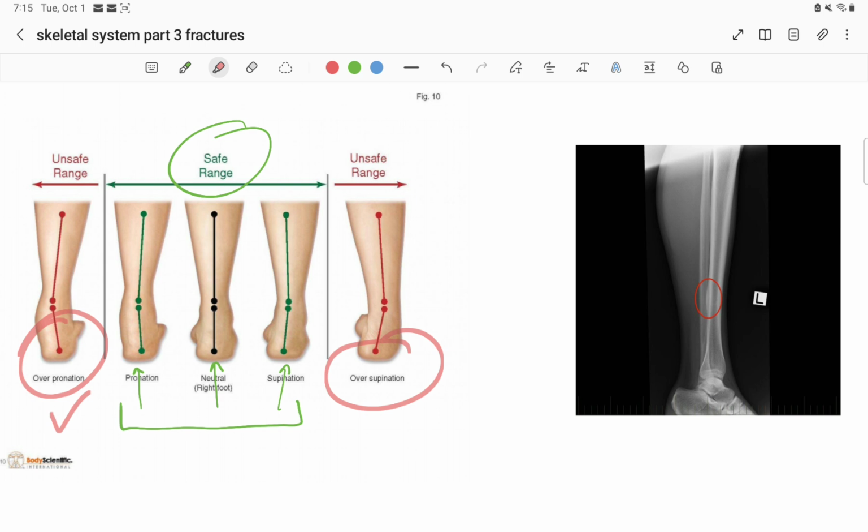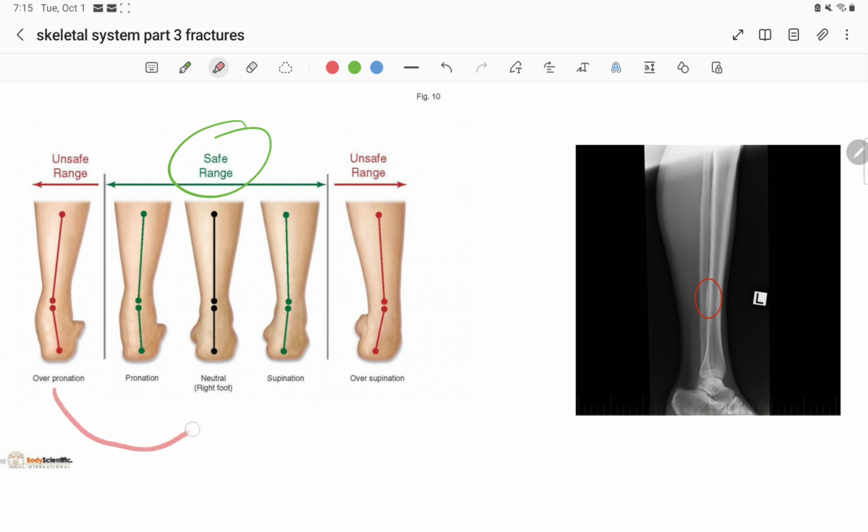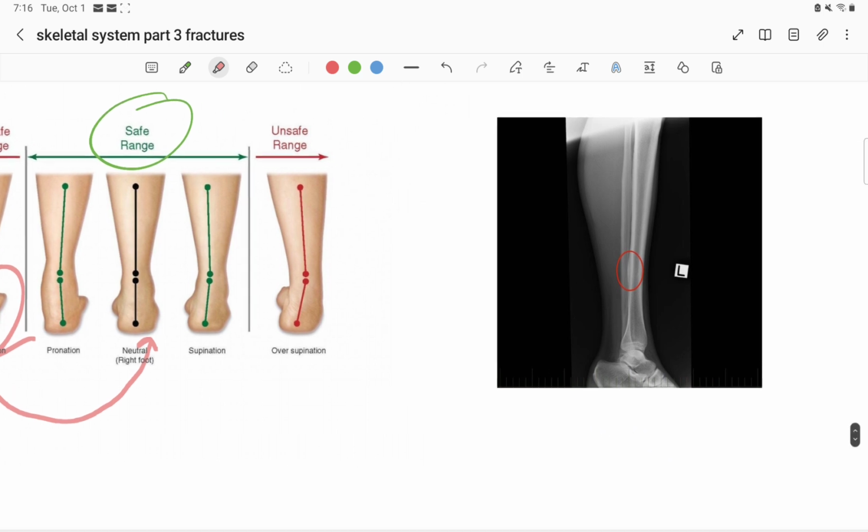What orthotics will do is take you from this position, overpronation, and move you more neutral, improving the biomechanics of the foot, which reduces your chance of plantar fasciitis, foot pain, stress fractures, and so on. I see a lot of foot injuries, plantar fasciitis, stress fractures, and it's very common to see some form of overpronation that contributes.